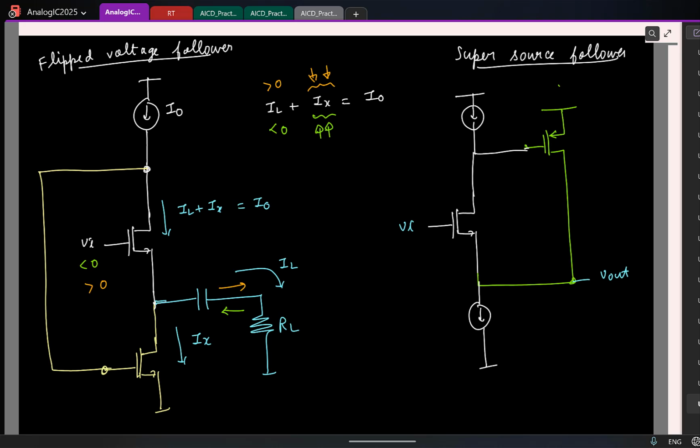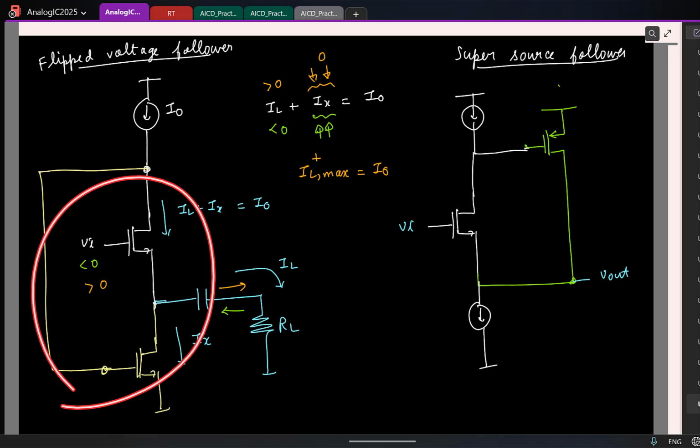So if this becomes 0, what is the maximum load current I can have? This is happening only on the positive side. On the negative side you don't have that problem, because if Vi is reducing, Ix keeps increasing, which it will happily do. But on the other end, Ix is reducing and the minimum it can take is 0. So this circuit has limitations with respect to positive IL.